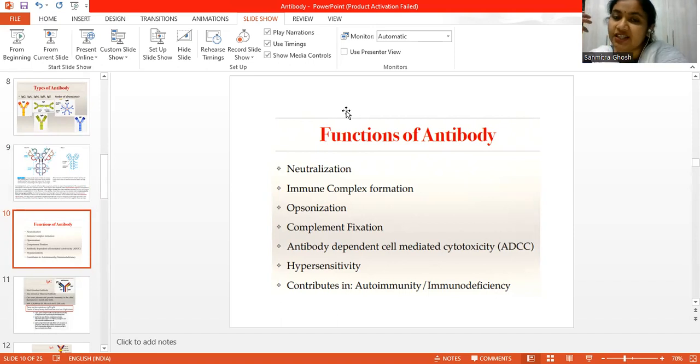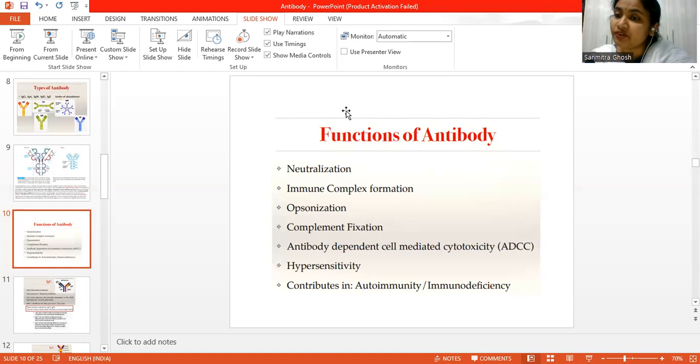Sometimes neutralization does not happen, but the antigen and the antibody, because of the complementarity of their structure, can interact with each other to form the antigen-antibody complex, also referred to as the immune complex. This immune complex also has different roles in the immune system, triggering different arms of immunity in one way or the other.